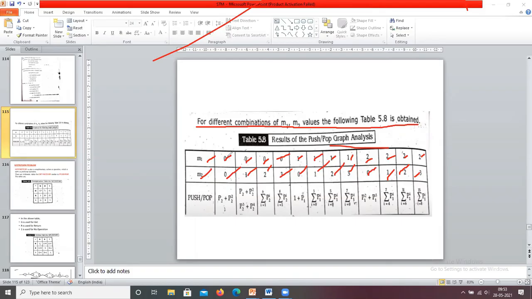So for m1 equals 0, m2 equals 0, the push and pop value is P2 plus P2 square. If it is 0 1, these are the expressions. If it is 0 2, this is the expression: sigma I equals 1 to 6 P2 to I. Okay, so these are the different results based on the different m1 and m2 values.